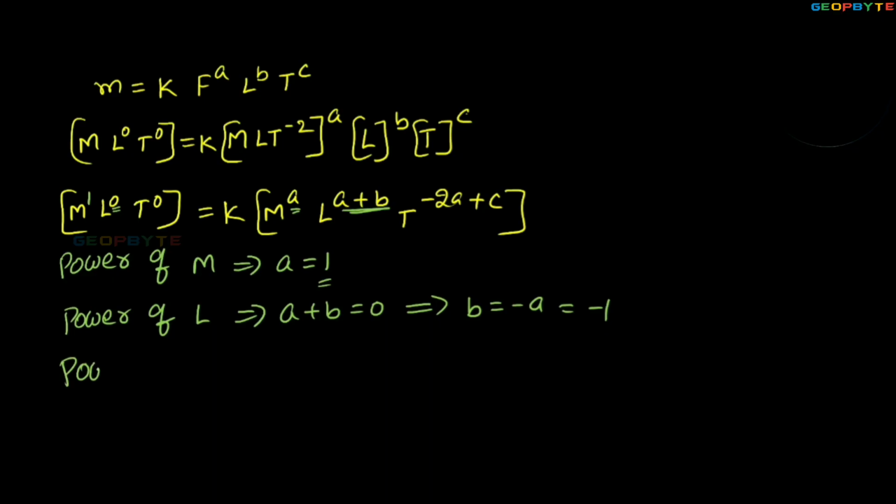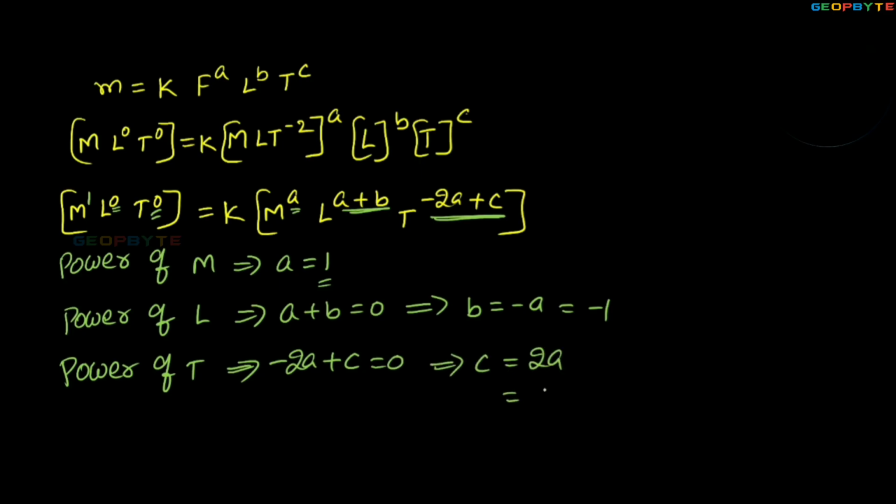Then power of T, minus 2a plus c equal to 0. From this c equals 2a, equal to 2 into 1, equal to 2. So finally we got a equal to 1, b equal to minus 1, c equal to 2.